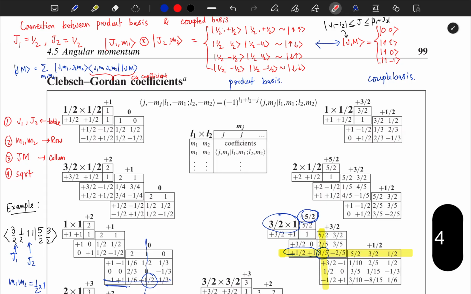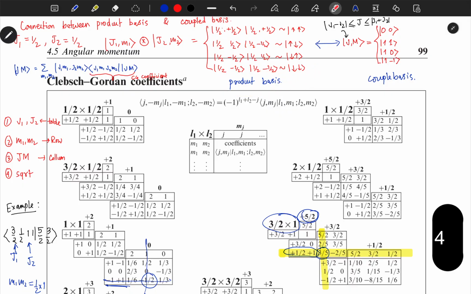This is j1, this is j2. So j1 can have plus or minus based on this. So plus plus, plus minus, minus plus, minus minus. So these four configurations can stay here. So these are the product basis.